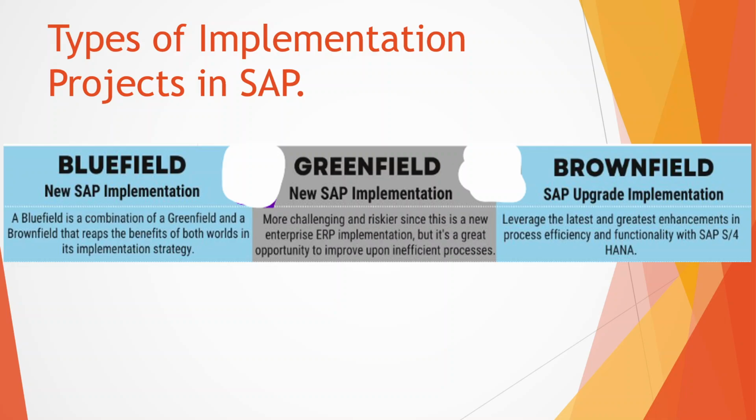Now, in terms of blue field, a blue field is basically a combination of green field and brown field, which reaps the benefits of both worlds in its implementation strategy. That's why it is called blue field.